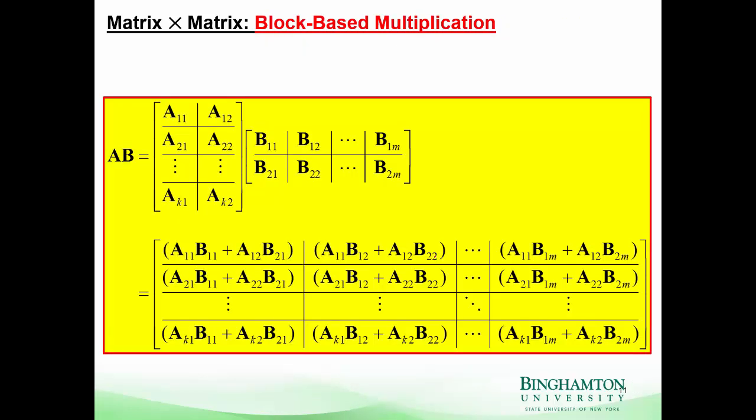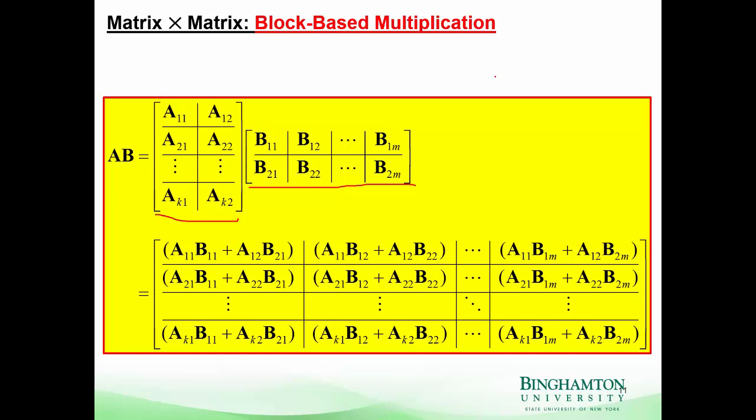Okay, and that leads us to something that is called block-based multiplication. So sometimes we end up with a big matrix A, so here's the matrix A, and some big matrix B. And it may make sense to chop the A up into subparts and chop the B up into subparts. And often, we created this big A by putting a bunch of smaller A's together.